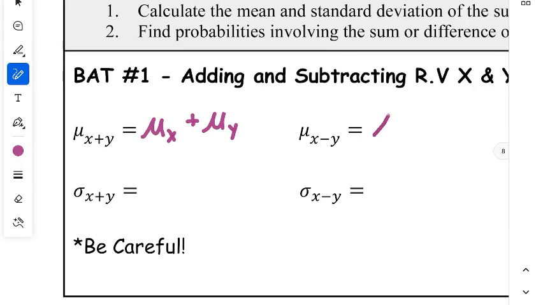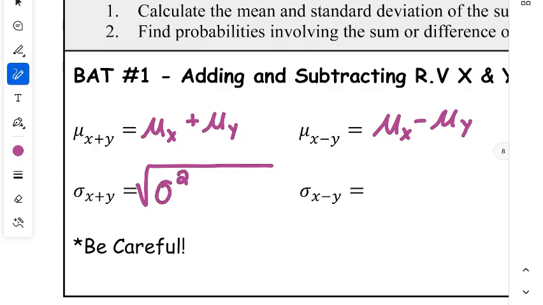For subtraction, you subtract mean of x minus mean of y. And for standard deviation, we do that Pythagorean theorem type formula, where we do sigma squared of x plus sigma squared of y and take the square root of that.